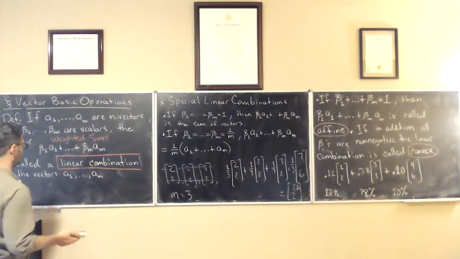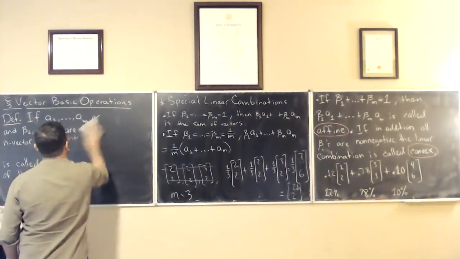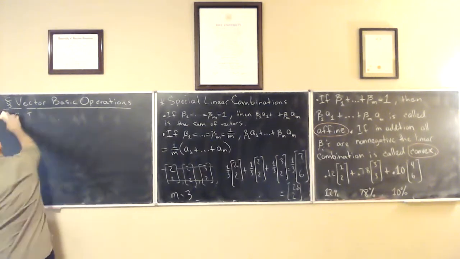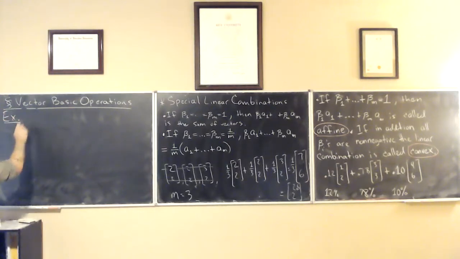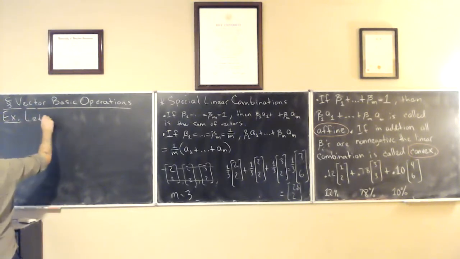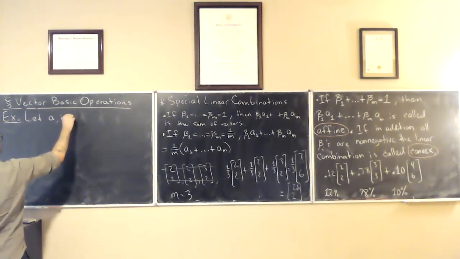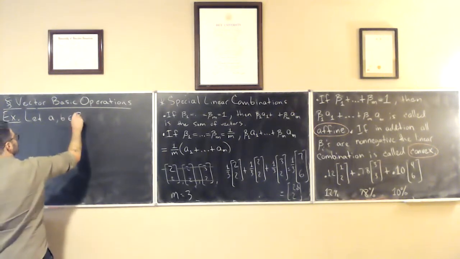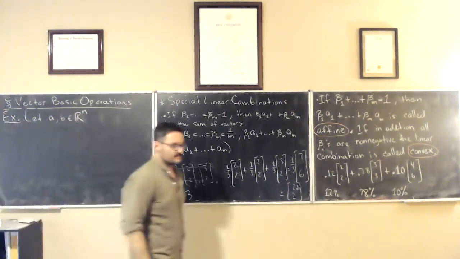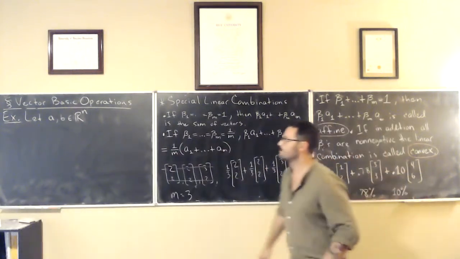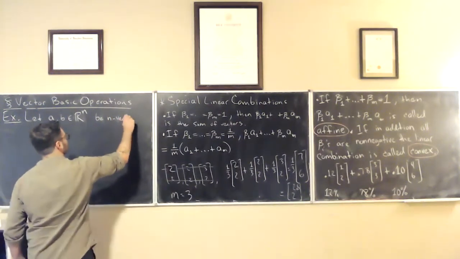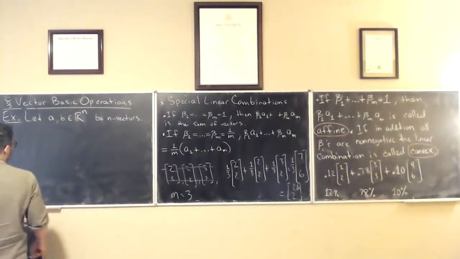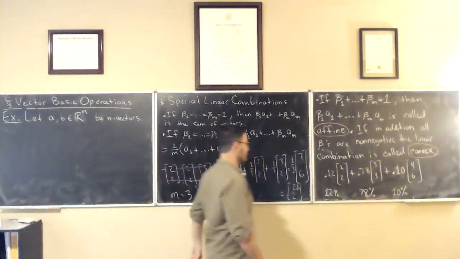So let's look at a specific example. Let A and B be some n-dimensional vectors, so vectors with n elements in them, real-valued vectors. Each element is a real number.